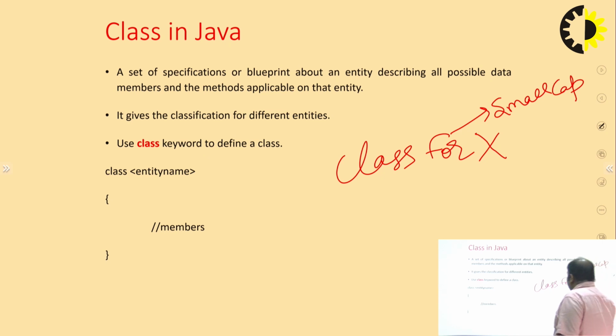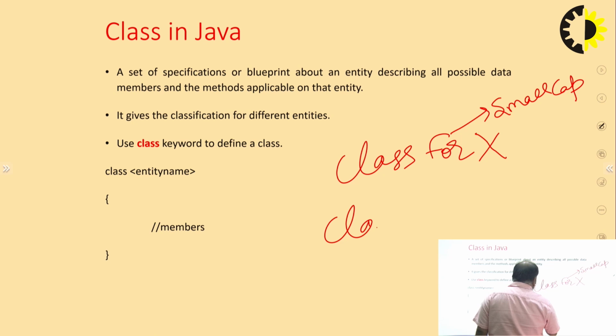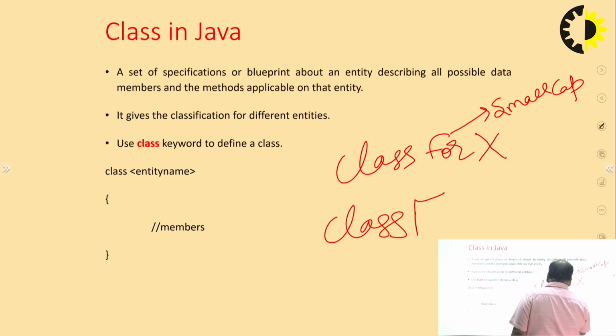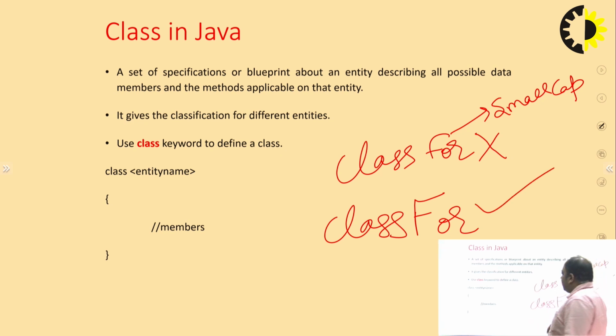But if we use name class For, then we can give our name like this, because Java is a totally case sensitive language, and if I am defining a class name, the for keyword has the f in small caps, and if we use F in large cap, then it will take it as a class name. Okay, it will not collide with the keyword name.